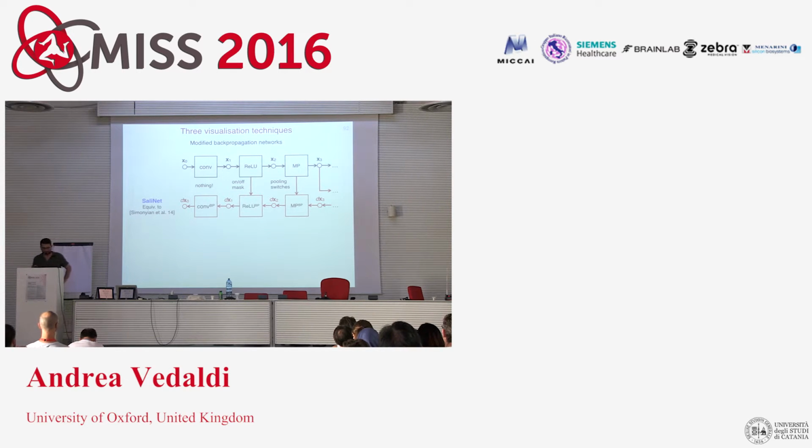Why is this interesting? Because now you can use this to do interesting things in terms of visualization. The first one is what I call SaliNet here, which is an odd name, I admit. This is equivalent to a paper that we published a couple of years ago about network saliency. It is an idea to emphasize in an image the subset of pixels that are relevant for the result that the architecture is computing.